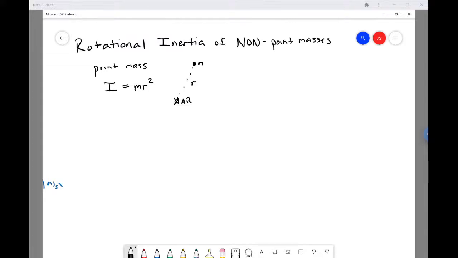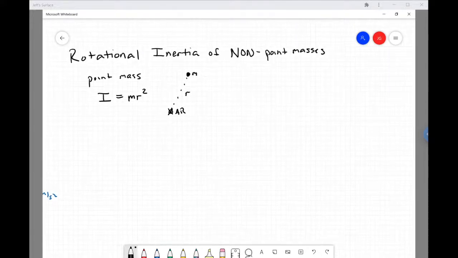Things like planets orbiting stars. Planets aren't point masses, but you can approximate them as point masses pretty well if you want to understand the dynamics of orbits, because they tend to be spherical, and their radius is much, much smaller than their orbital radius. So their radius doesn't matter much.